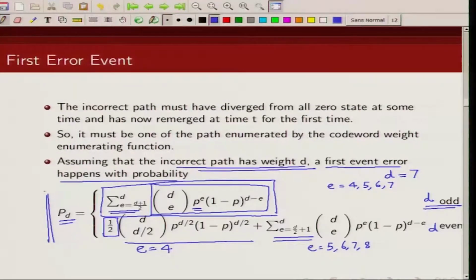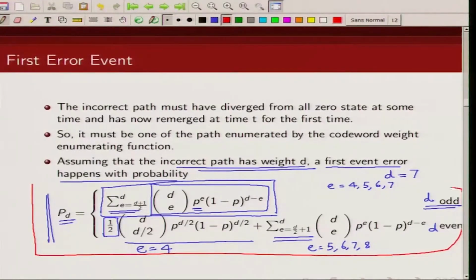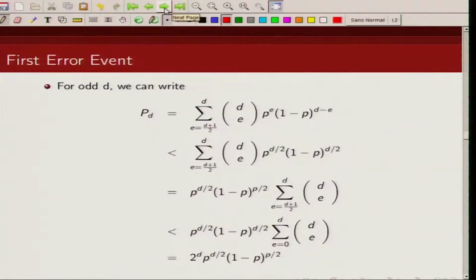This was the expression for the first event error probability. Let us try to simplify it. We will first do it for when d is odd, and then for when d is even. So, when d is odd, the expression is given by this.